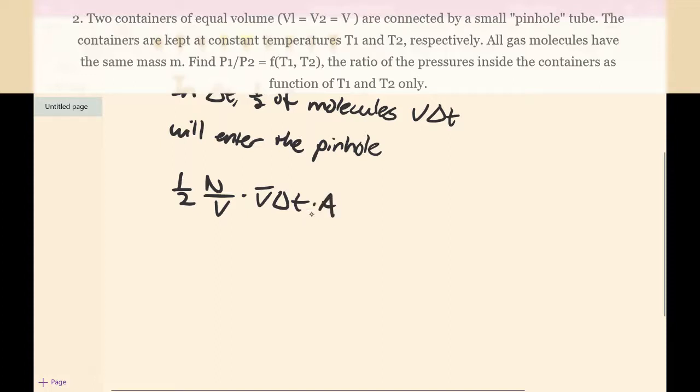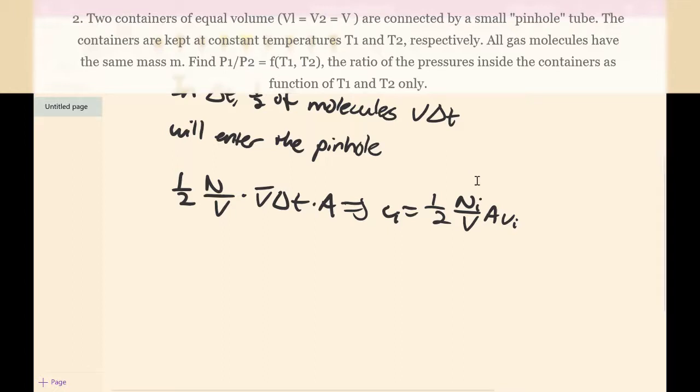This is the number of molecules that will enter during this time. So per unit of time, let's call it C, is equal to 1/2 times N over V times A times v. And since there are two separate containers, for the i-th container, Ci is equal to 1/2 Ni over V times A times vi.